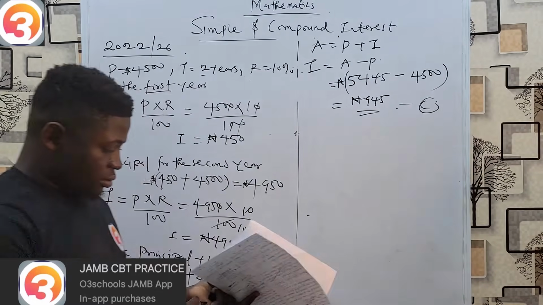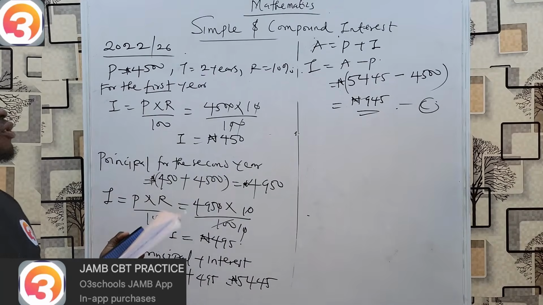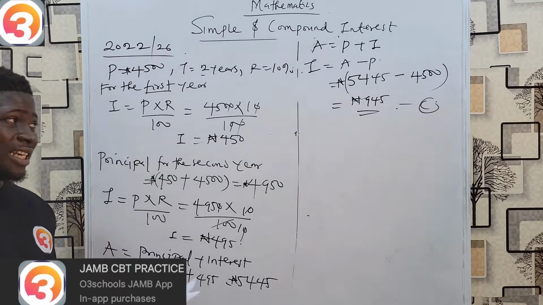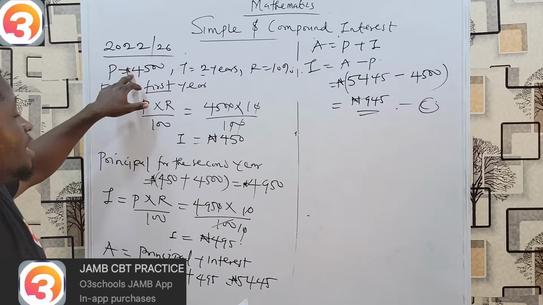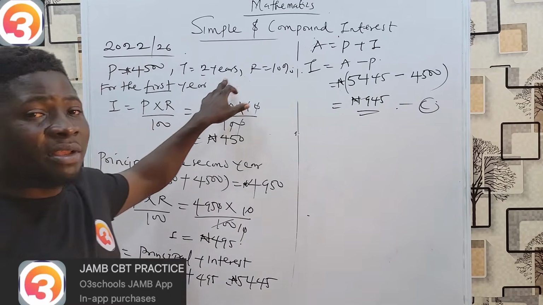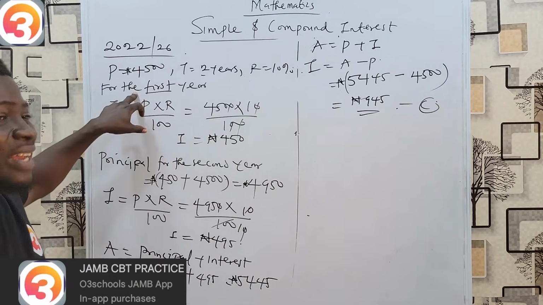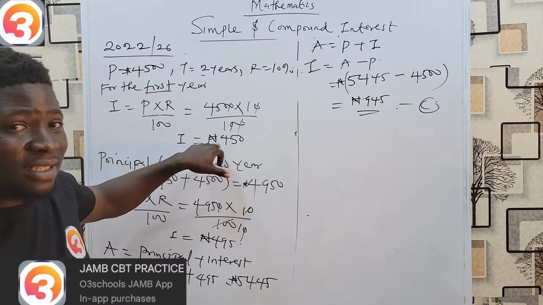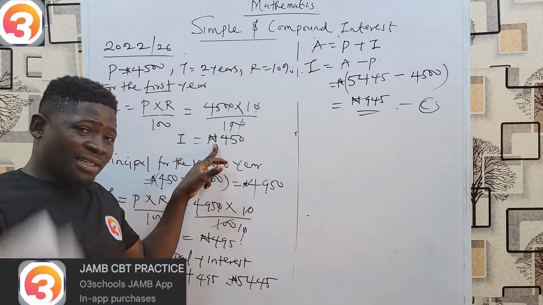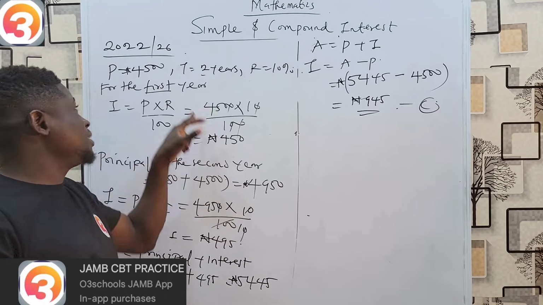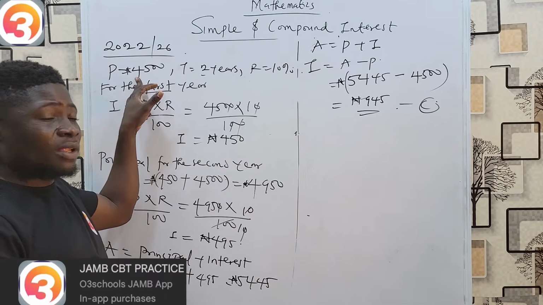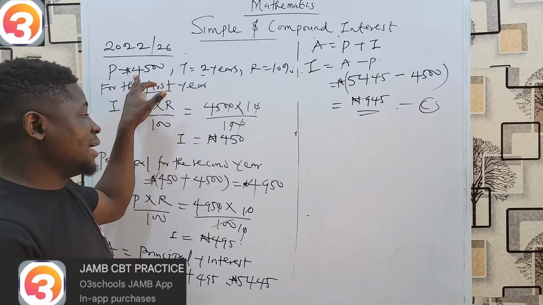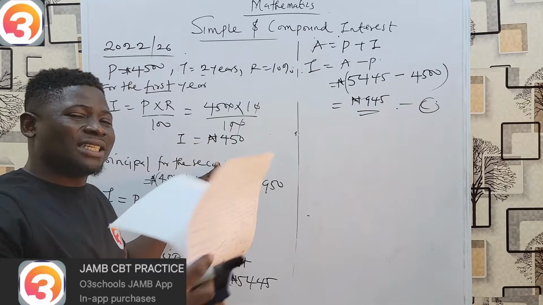Very easy to calculate. All right, so let's go over the question again so that we explain it properly. So we're given this principal 4,500 naira for this time at this rate. For the first year, we calculated the interest PR over 100 to get this. Because it is compounded, we need to add this interest to the principal of the first year. So if we add them together, it now forms the principal for the second year.